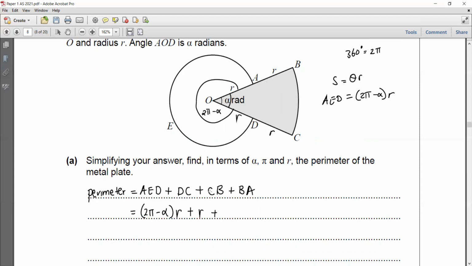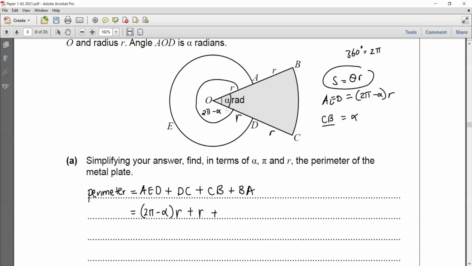And then CB. CB is this one here. We're going to use this same formula over there because this is an arc, just the same way that this was an arc, except that it was bigger, but it is still an arc. So we are looking for which one? BC, CB. So CB, we use the same formula. This is theta, the angle, which is alpha, multiplied by the radius, and it is the radius of the shaded circle.